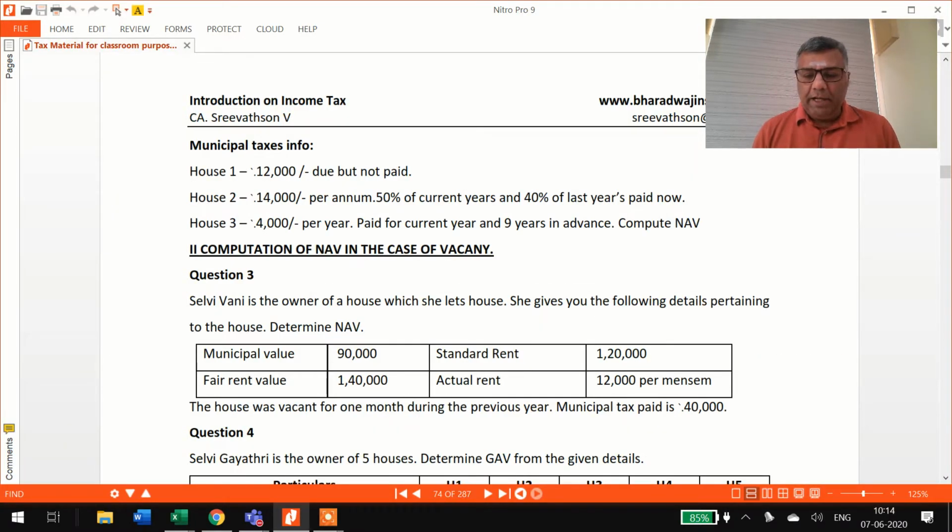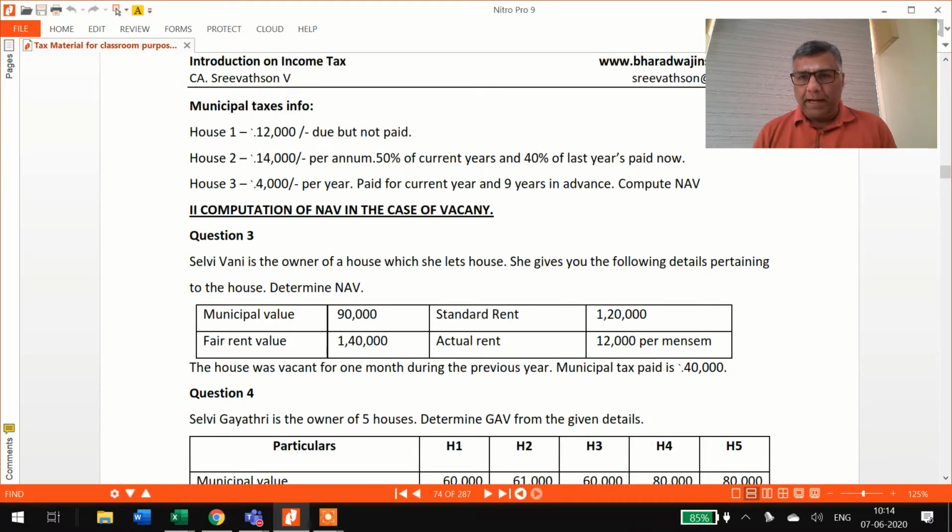Open your practical notebook. Question number 3 in page number 74. Selvi Vani is the owner of a house which she lets out. She gives you the following particulars relating to her house. Determine the net annual value.